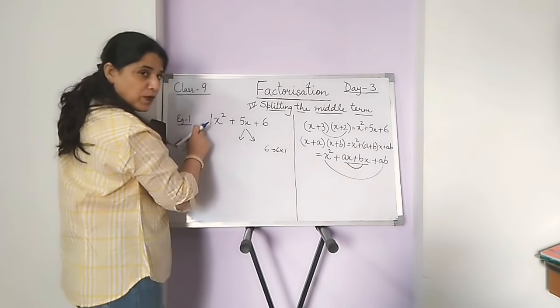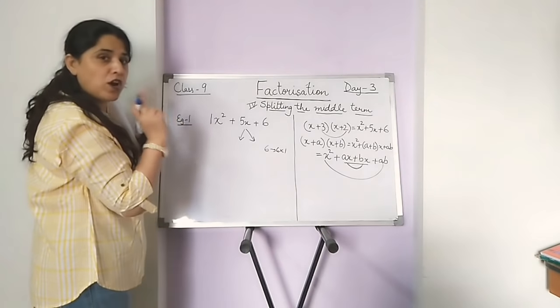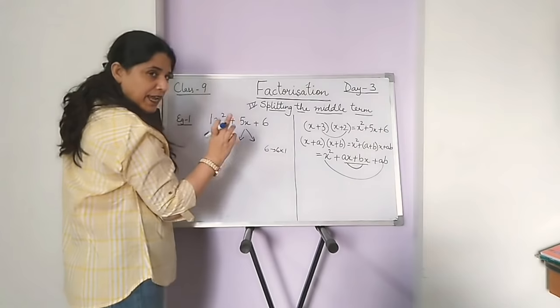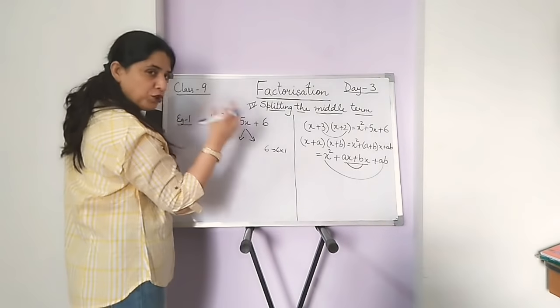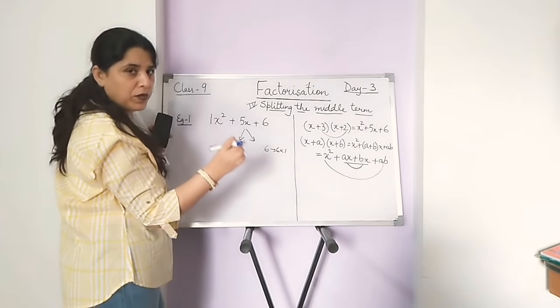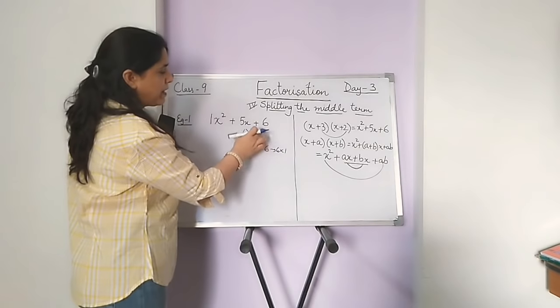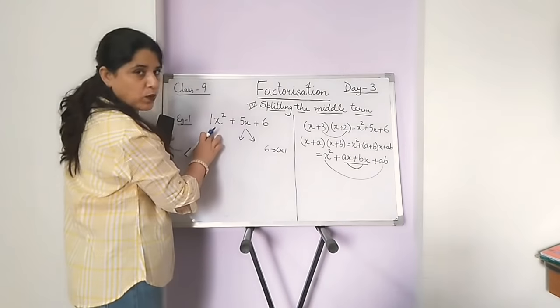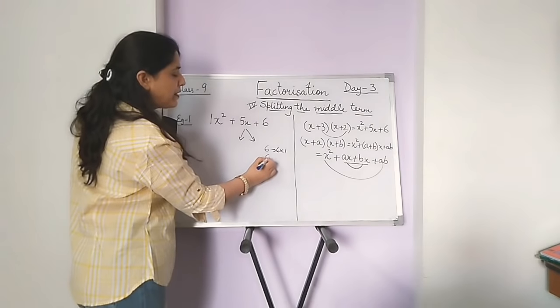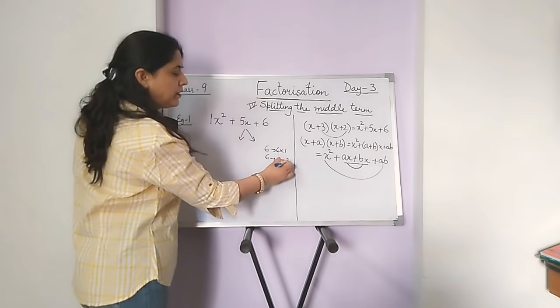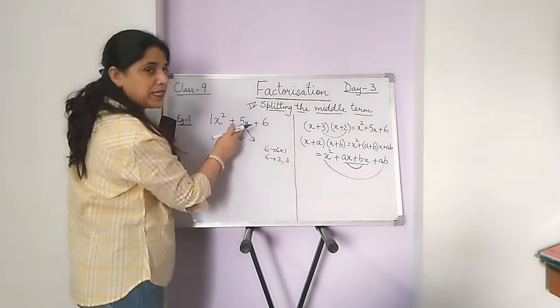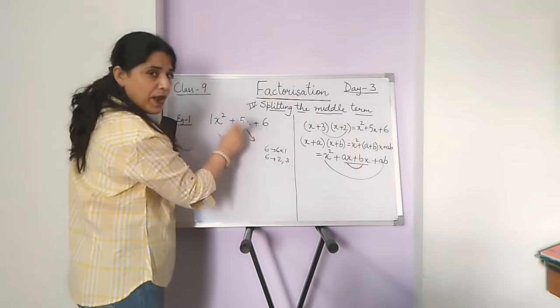Plus 6 into plus 1 is plus 6 only, not minus 6. So, you cannot take the negative number. Both should be negative or both should be positive to bring plus 6x square. So, another pair of factors of 6 is 2 and 3. So, this can be broken as plus 2x and plus 3x.